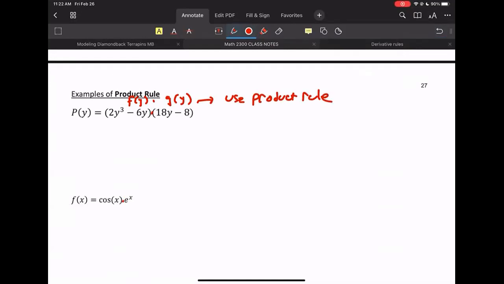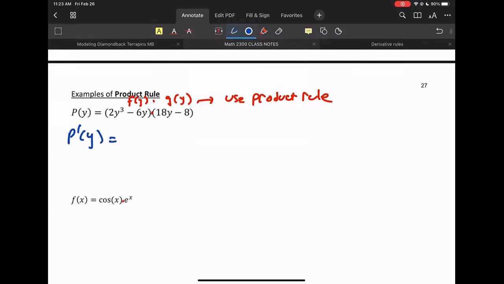I'm going to try to do at least the first one very, very carefully. I'll write out all the details and then maybe not write as many details moving forward. So if we wanted to do this one, we want to use the product rule. It's going to be this.